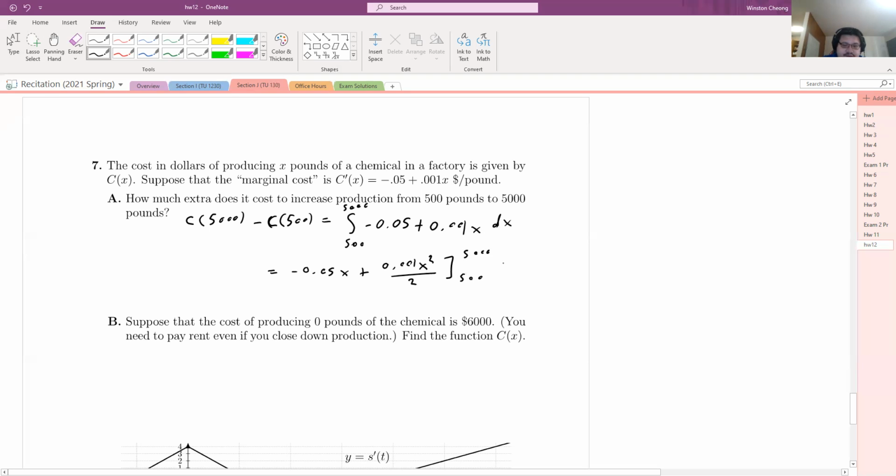So instead, the way I would show my work for this evaluation is I would just plug the top into a calculator and then subtract off the evaluation of the bottom. If you're asked to show work, this is the minimum amount of work that you could show, I would say. And then you just go ahead and subtract these two, and put your units. So this is measuring dollars.